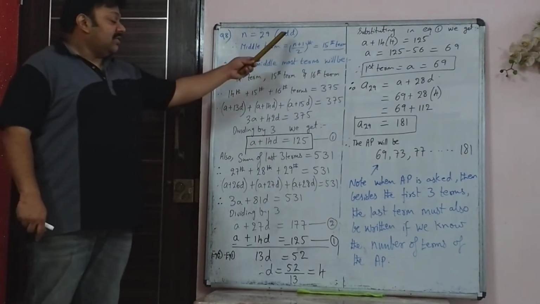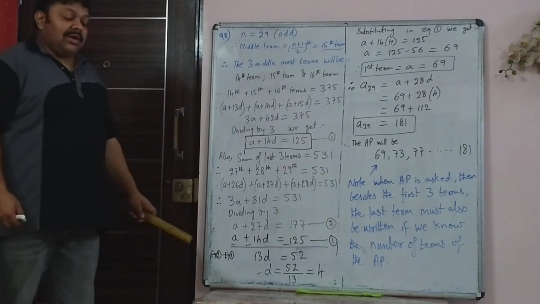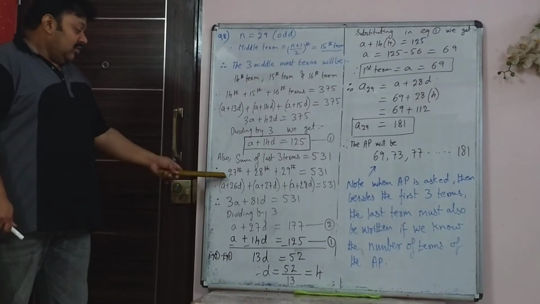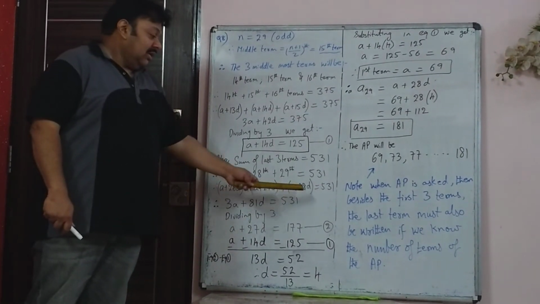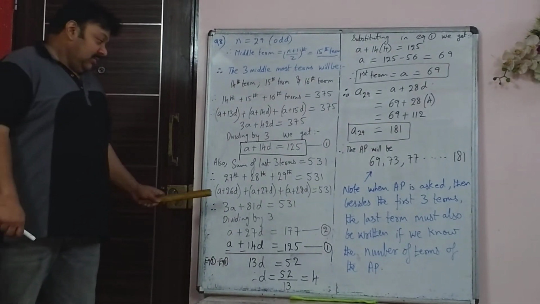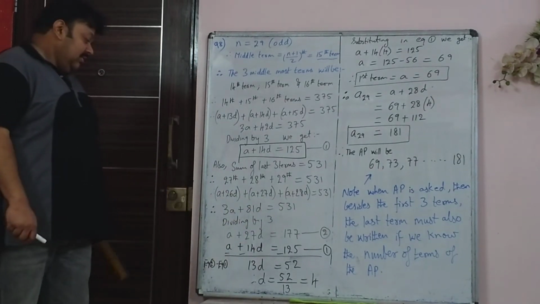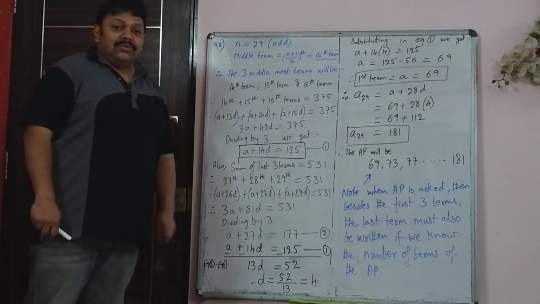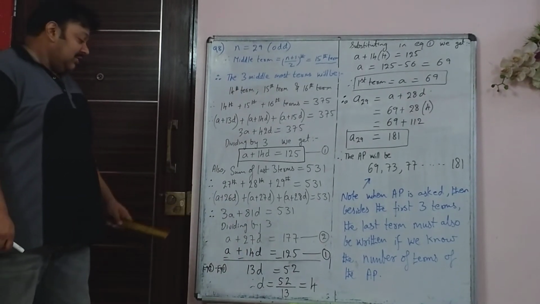So which are the last 3 terms? 29, 28 and 27. So those 3 terms add up to 531. So a plus 26d, a plus 27d and a plus 28d add up to 531. So you have 3a plus 81d is 531. When you divide this equation by 3, you will get a plus 27d is 177.